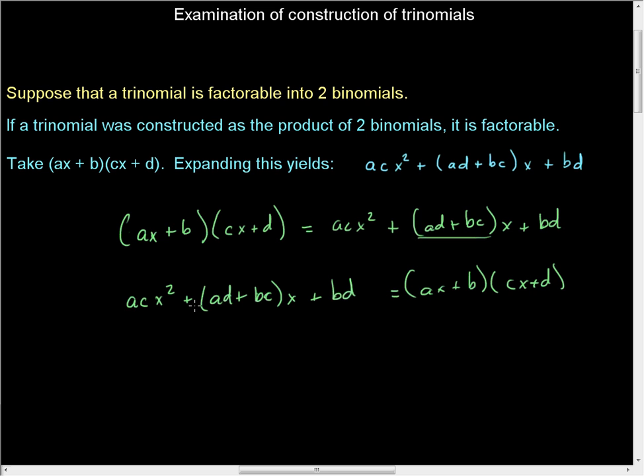And this is the symmetric property of equality. All right, and so if a trinomial was constructed as the product of two binomials, like so in green, it is factorable, which means you can go backwards. Okay, this is a statement that is a theorem, that you must prove, and the proof is by the symmetric property of equality, you can go backwards at the end.